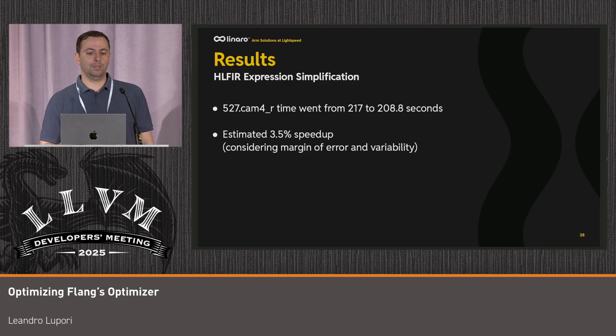And the result of this is that CAN4 execution time went down from 217 seconds to 280 seconds. That is an estimated 3.5% speed up.